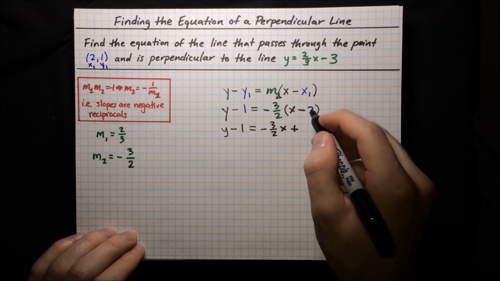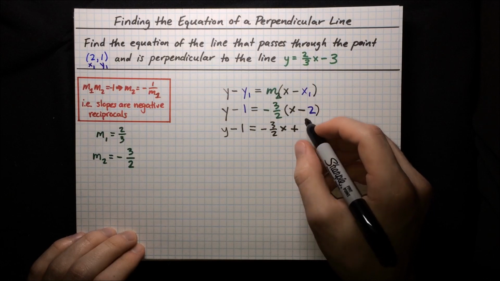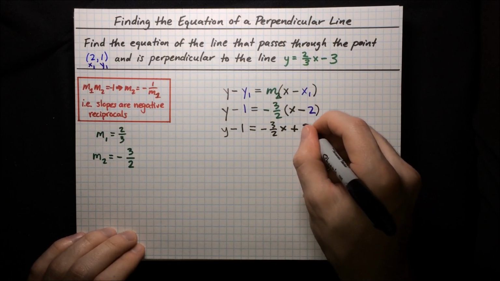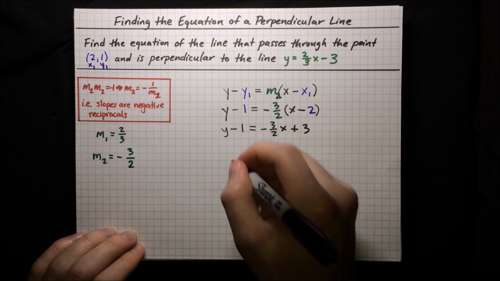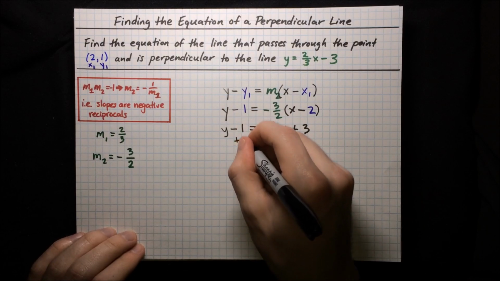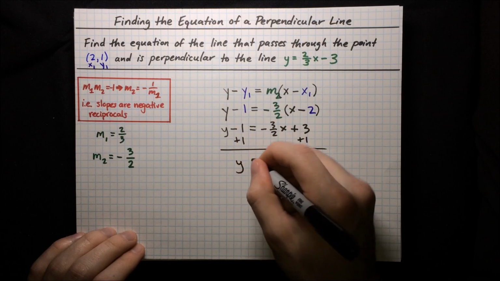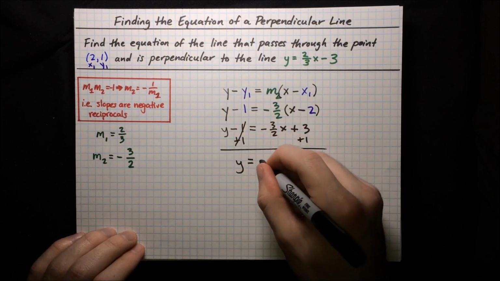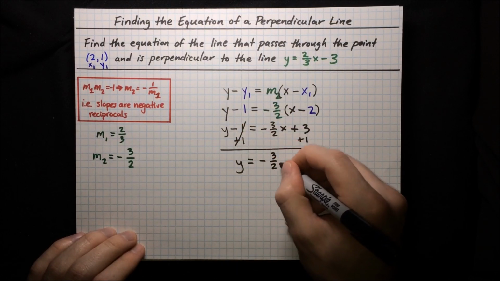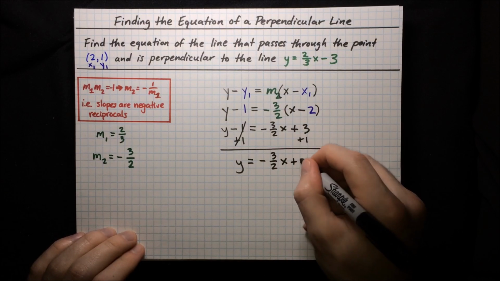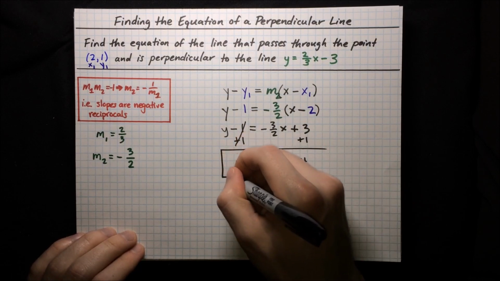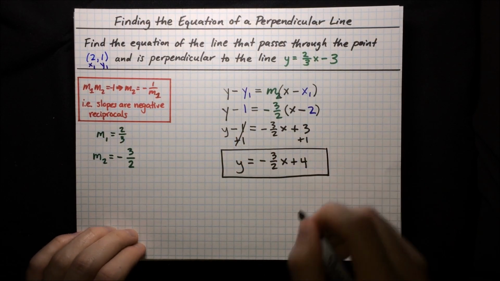Then 3/2 times 2 is just 3 because the 2 cancels out in the denominator. Okay, and then to get y alone, add 1 to both sides, and what do we have? We have y equals negative 3/2 x plus 4. There we go. That is our line then.